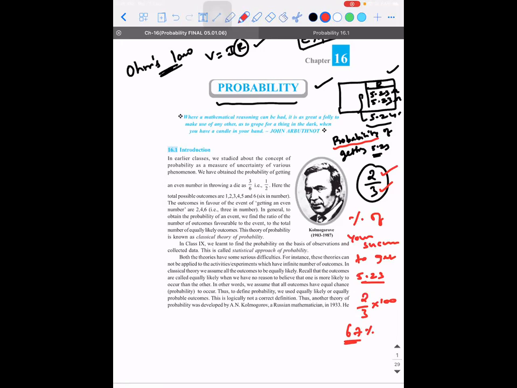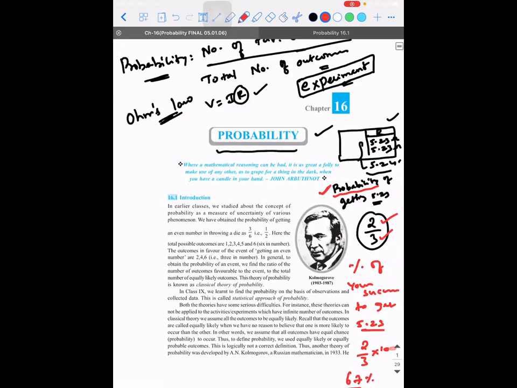So what exactly probability speaks about is when you do an experiment. Probability is all about doing an experiment and observing the outputs. Based on the data of outputs that you have in your hand, you will be able to speak about the percentage of success or percentage of failure.